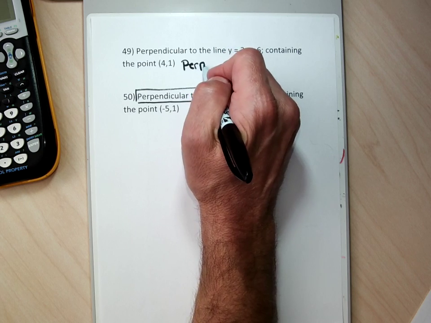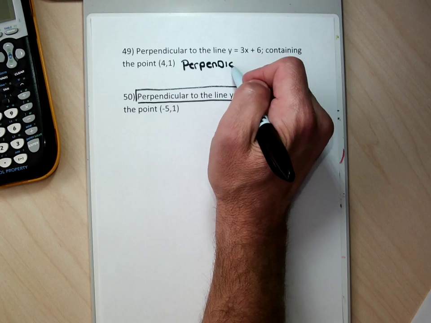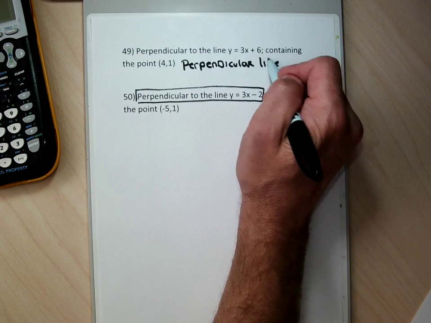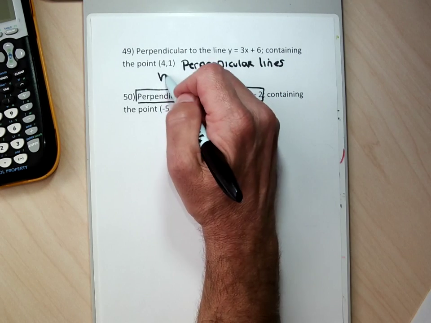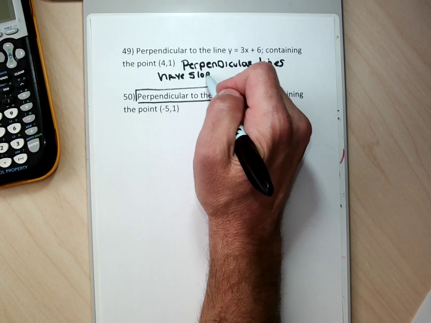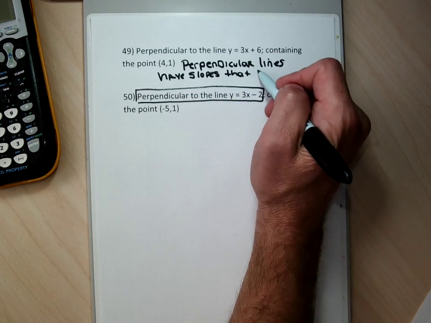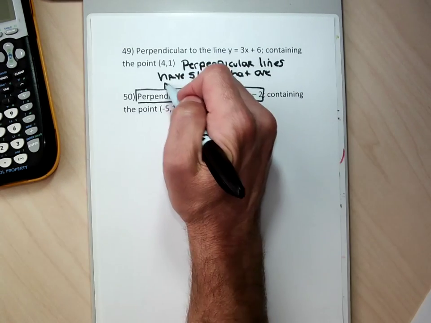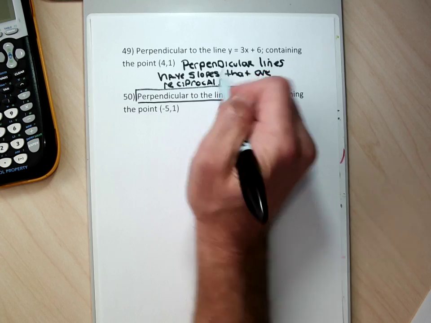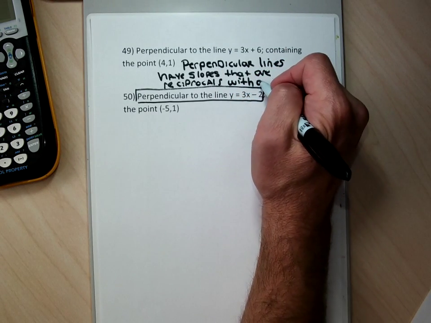They have slopes that are reciprocals with opposite signs. We usually say they're negative reciprocals.